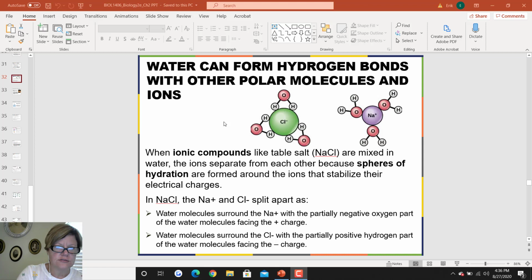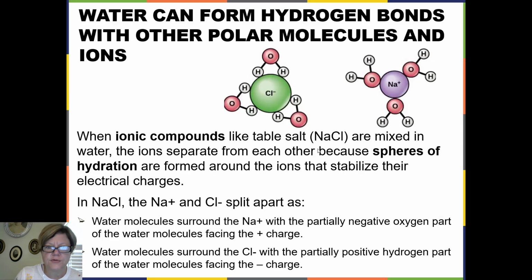The oxygen side of the molecule, the back end of the molecule, has partial negative charges, because remember, it pulls the electrons toward it and hoards them behind the oxygen. Maybe you can think of it that way. And then the hydrogen nuclei, both of those end up with a partial positive charge.